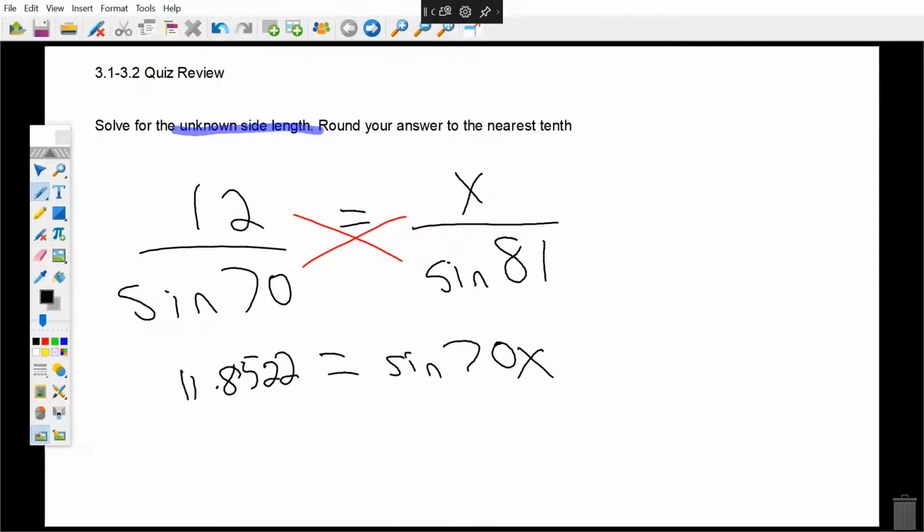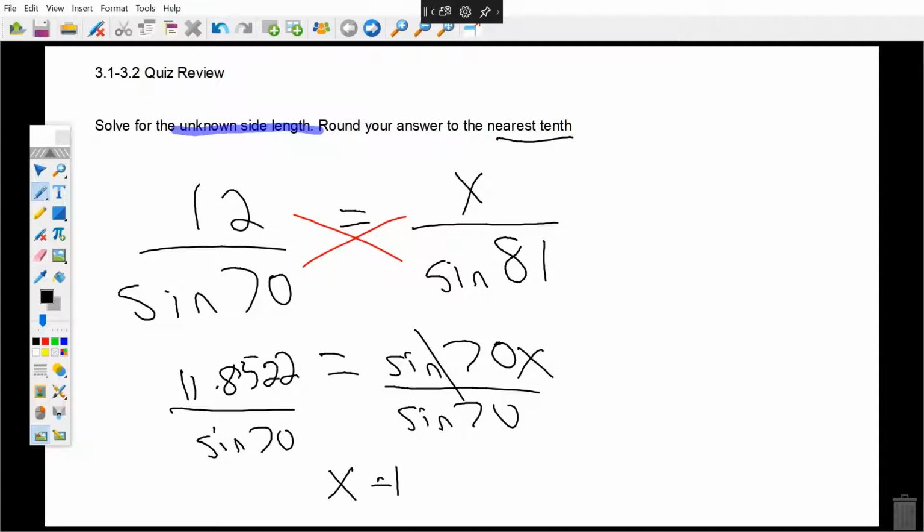Then to isolate the x, we're going to divide both sides by sine 70. And the answer rounded to the nearest tenth is 12.6. So the first one is 12.6.